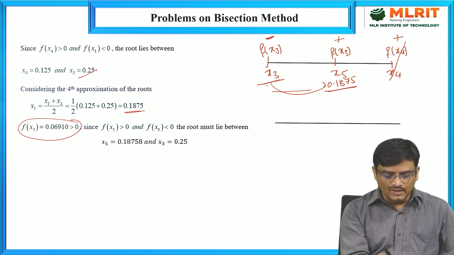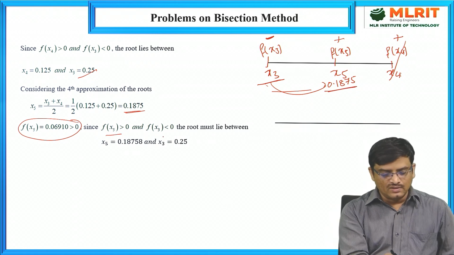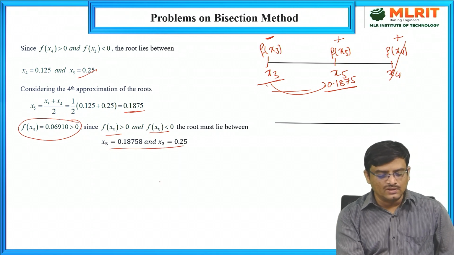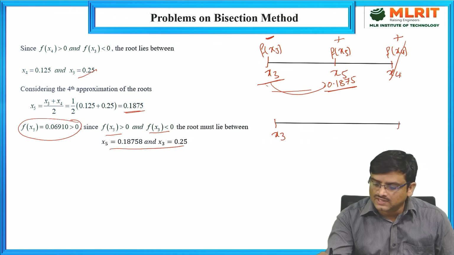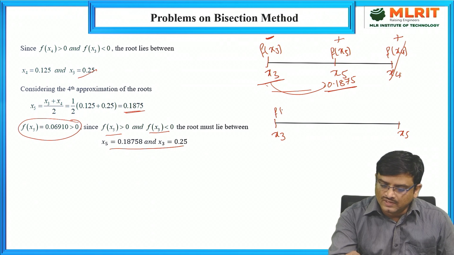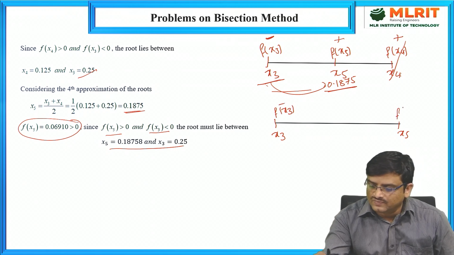Since f of x5 and f of x3 have opposite signs, the root lies between x3 and x5. You represent this: this is x3 and this is x5. f of x3 has a negative sign and f of x5 has a positive sign. Now we are going for the next approximation, that is x6.